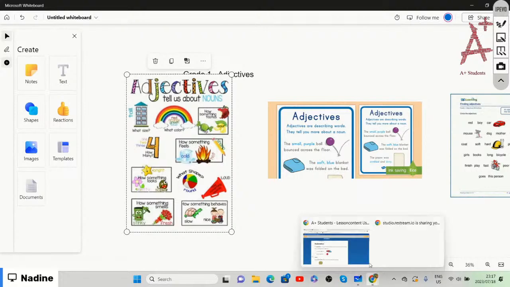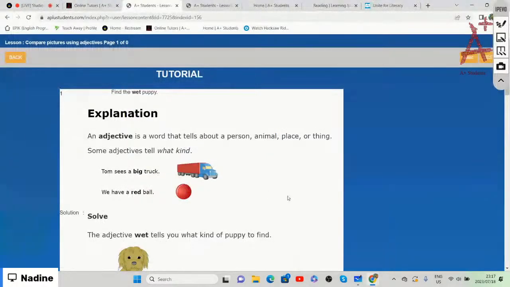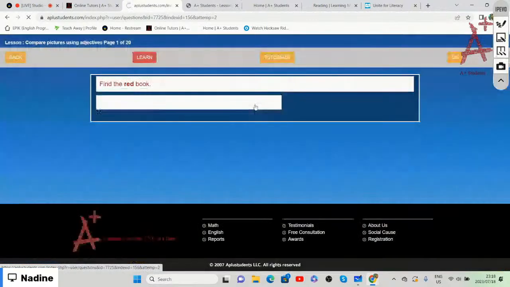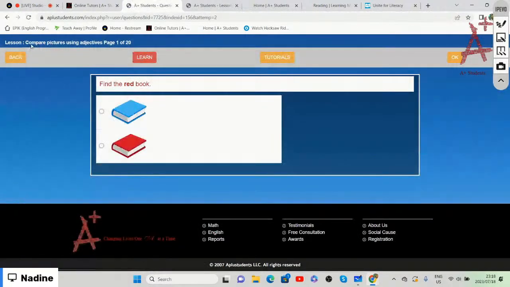All right, so now we're going back to our tutorial on comparing pictures using adjectives. So we're going to the test. All right, so we need to compare pictures using adjectives, right? We need to find the red book.